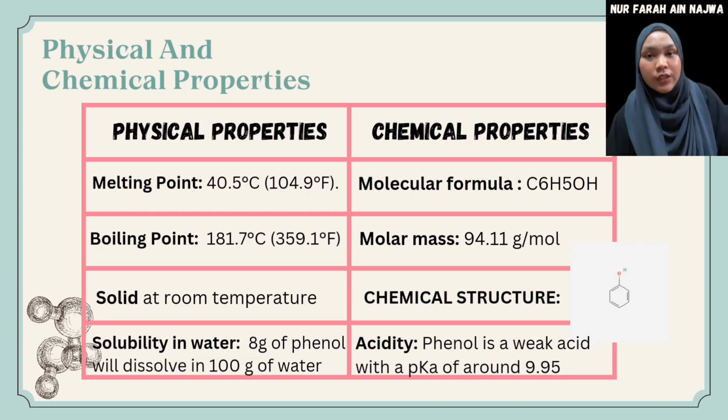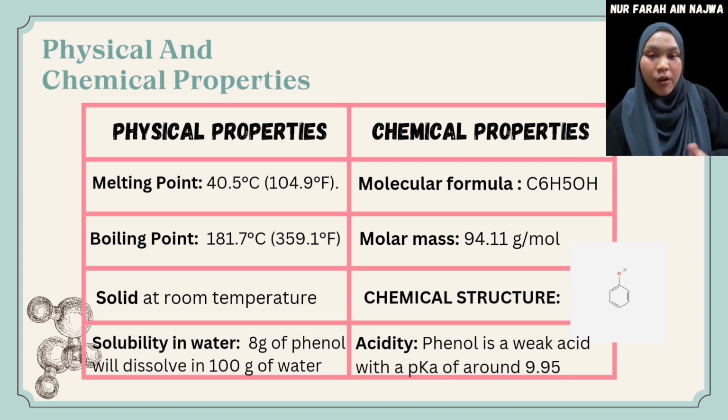Both molecules contain the same number of electrons and have a very similar shape. Thirdly, phenol is a colorless to white crystalline solid at room temperature. Upon exposure to air and light, it can become pinkish due to oxidation. Lastly, phenol is moderately soluble in water.